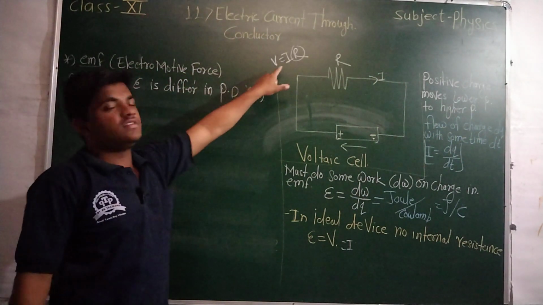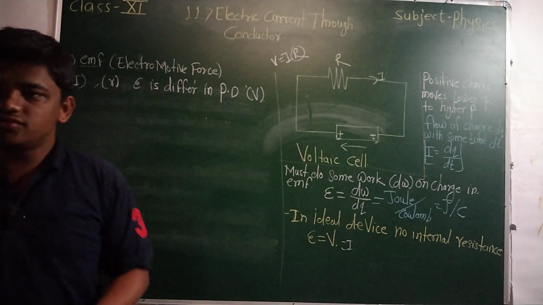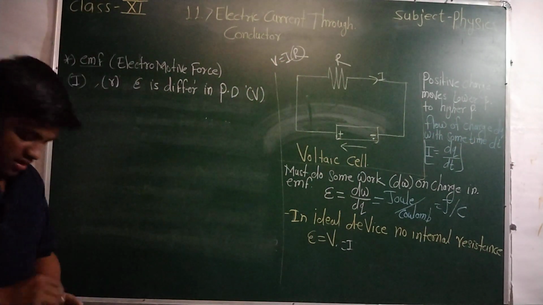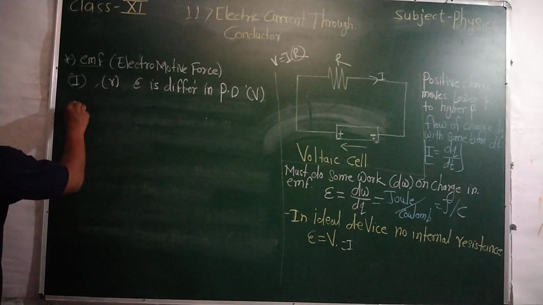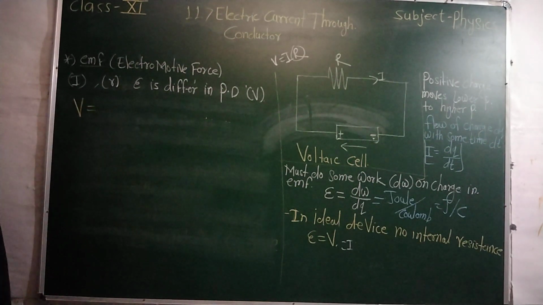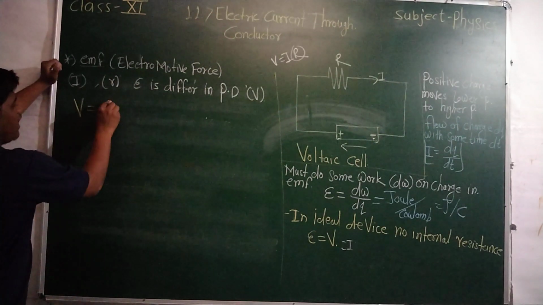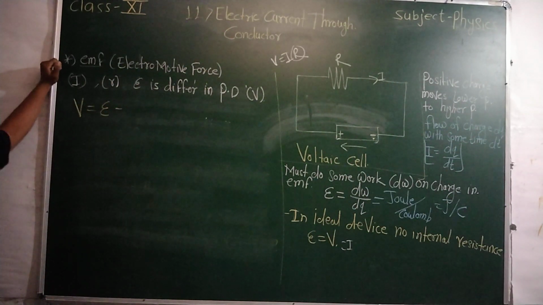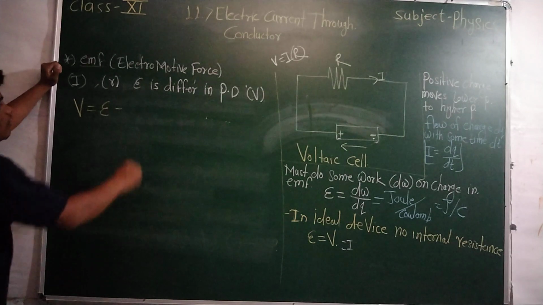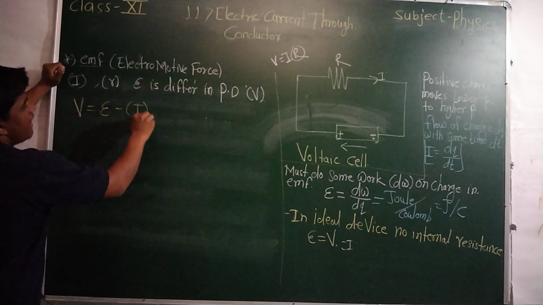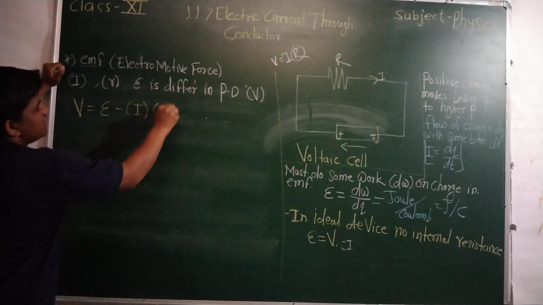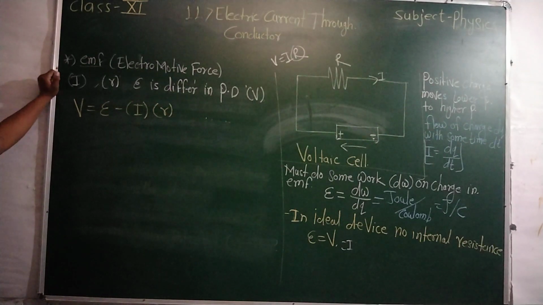Now I will start applying Ohm's law. The potential difference V is equal to epsilon, the EMF, minus I into r, where I is the current flowing through it and r is the internal resistance.